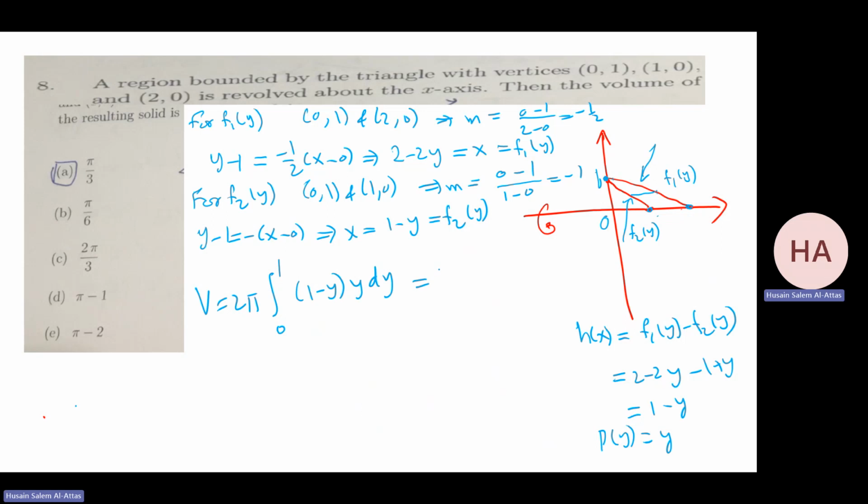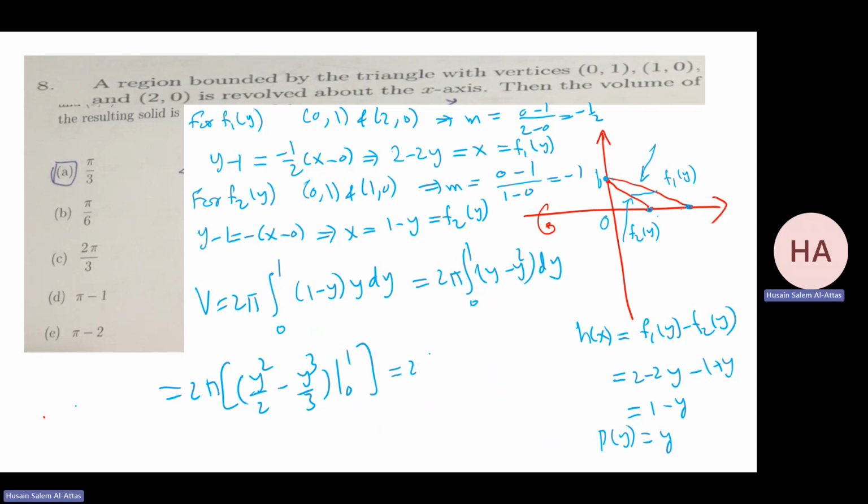Now it's just a matter of calculation. 2 pi integral from 0 to 1 of y minus y squared dy. 2 pi times y squared over 2 minus y cubed over 3 from 0 to 1. That gives me 2 pi times half minus 1 over 3, which is 2 pi times 1 over 6, pi over 3, which is this one.